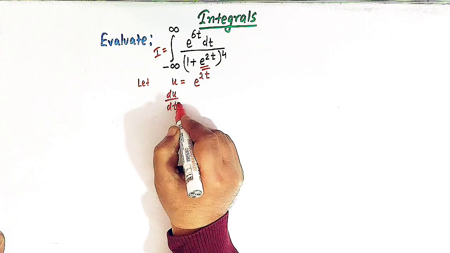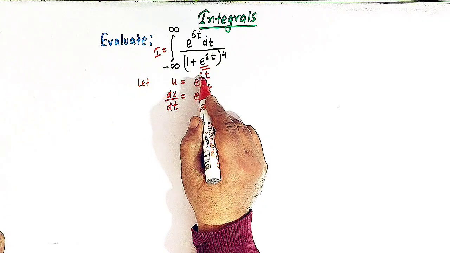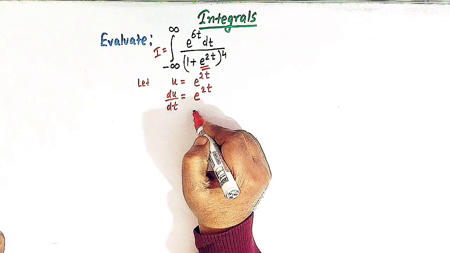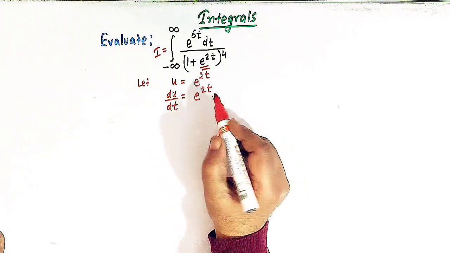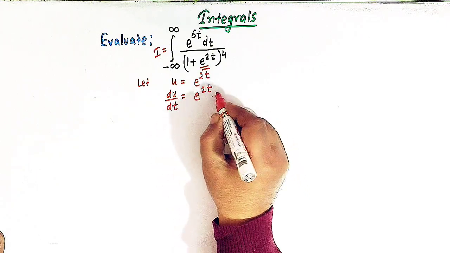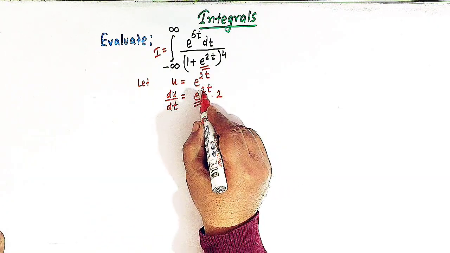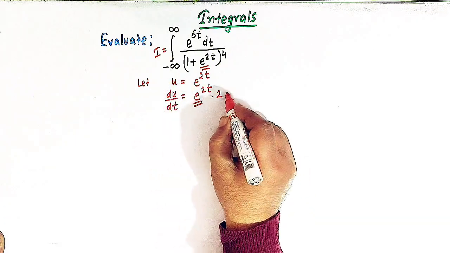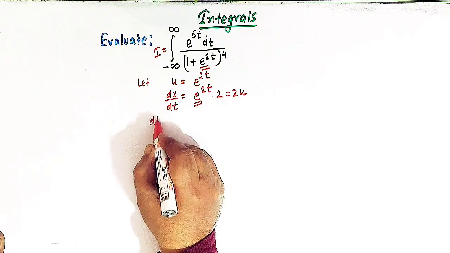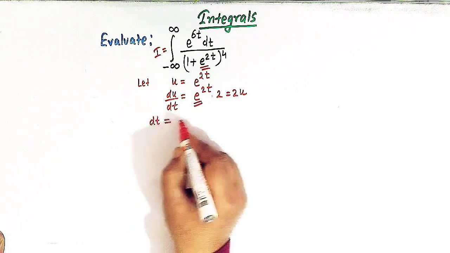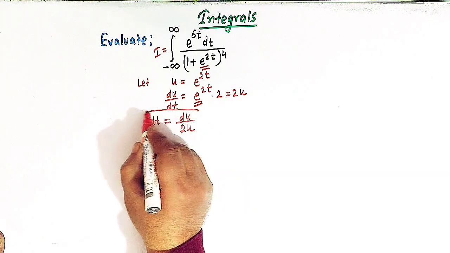So we have du over dt is equal to e raised to 2t, because the derivative of e raised to 2t with respect to t is e raised to 2t, and by chain rule the derivative of 2t is simply 2, right? So e raised to 2t is replaced by u, so this is 2u. So now we can write dt is equal to du over 2u, right?